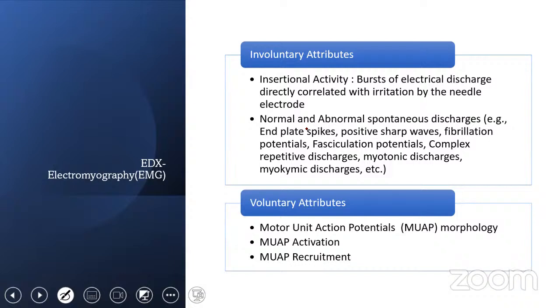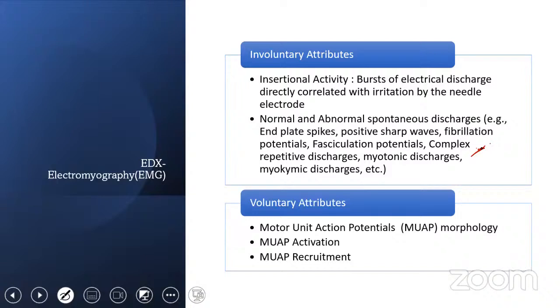There are some normal and abnormal spontaneous discharges, which we call end plate spikes, positive sharp waves, fibrillation potentials, fasciculation potentials, complex repetitive discharges, myotonic discharges, and myokimic discharges. These are all various abnormal spontaneous discharges which we see.